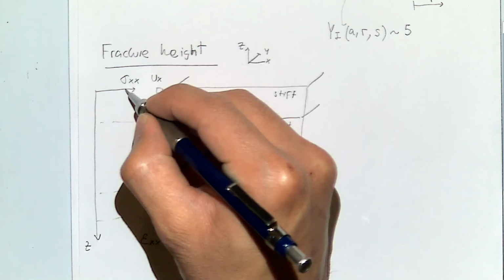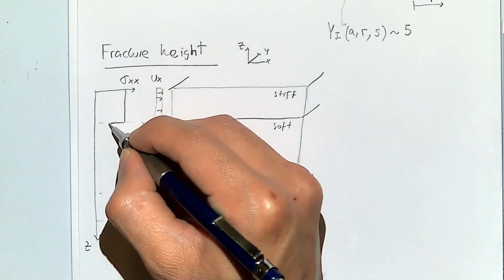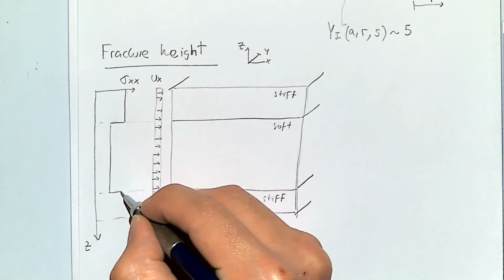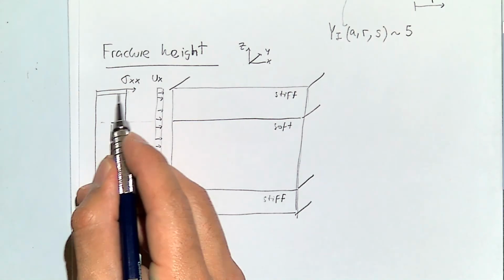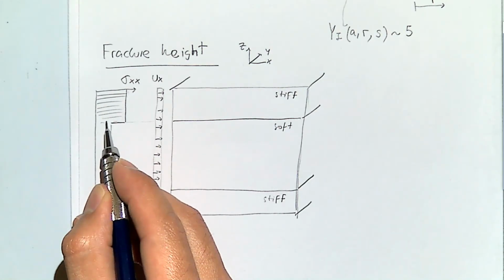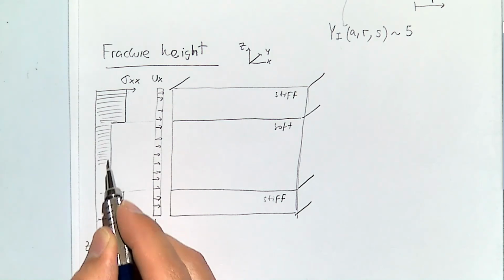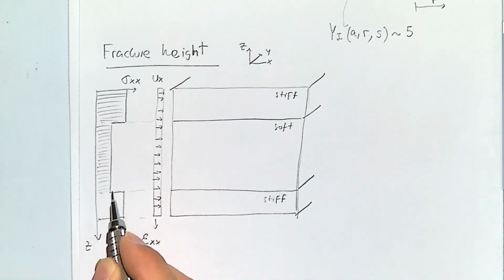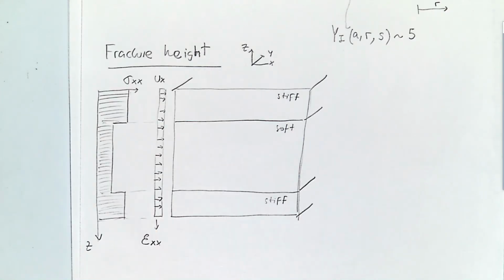If we have a stiffer rock, we're going to have more stress. If we have a softer rock, we're going to have less stress. So if we measure stress as a function of depth, we're going to encounter something like this, where the stiff rock is holding a higher stress than the soft rock.